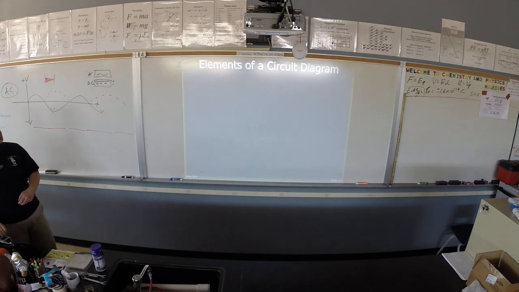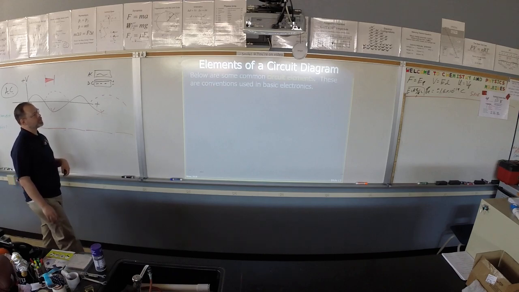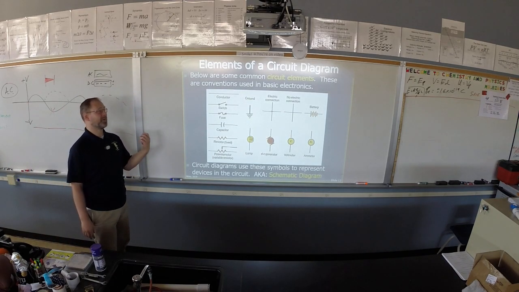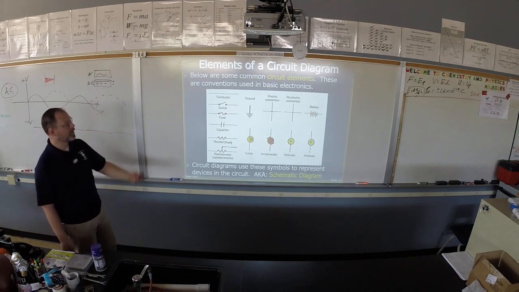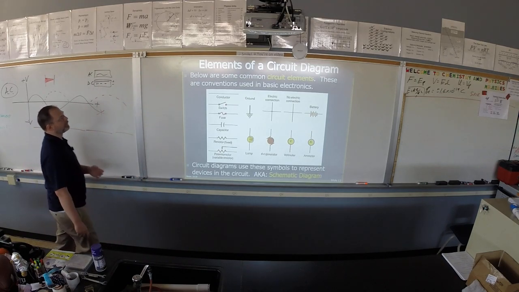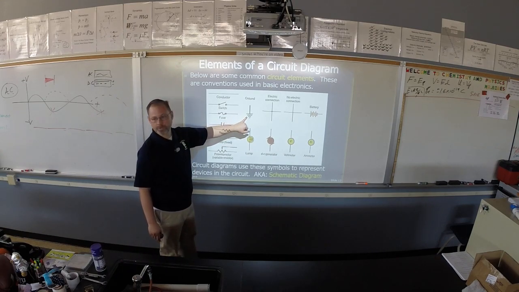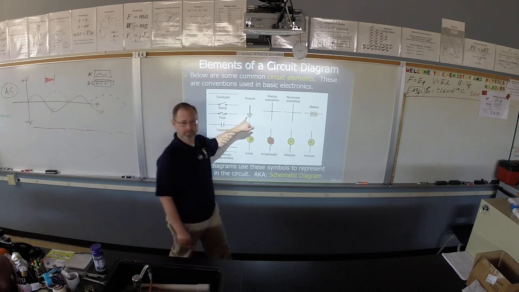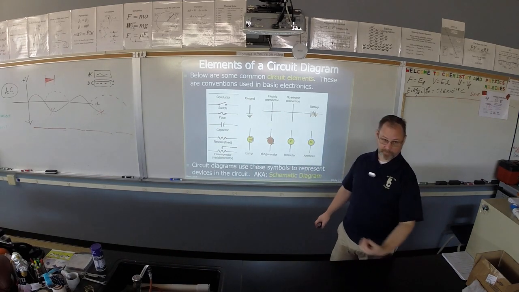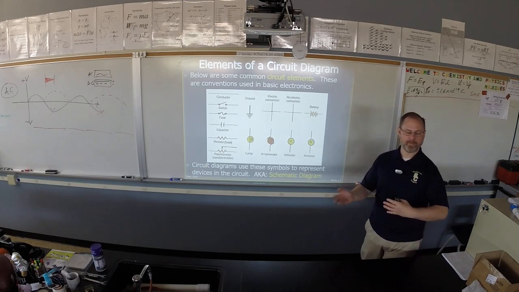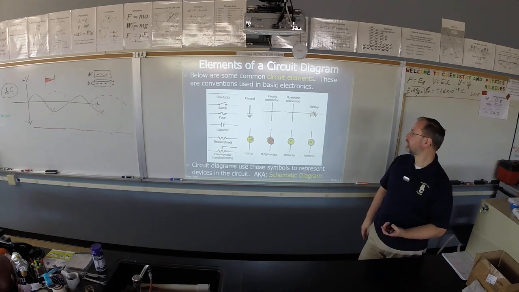Banging right along. Okay, so elements of a circuit diagram you probably should know. I wish they were all uniform, but they're not. But the most important one is that's a ground. A ground is a source of negative potential, infinite negative potential. So it can act as the negative pole of a battery or a cell.